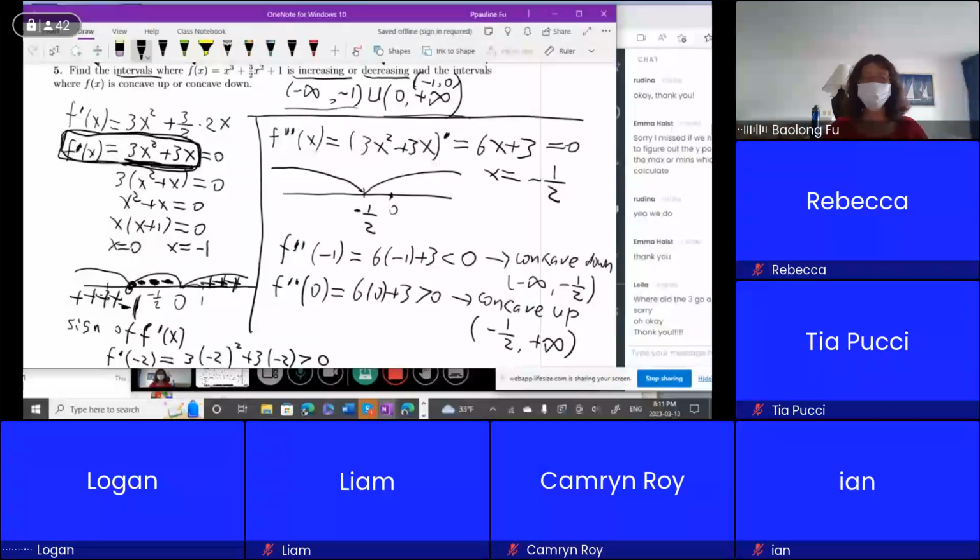Okay, we found the solution for question 5. Concave up from negative infinity to -1/2. Concave down from -1/2 to positive infinity.